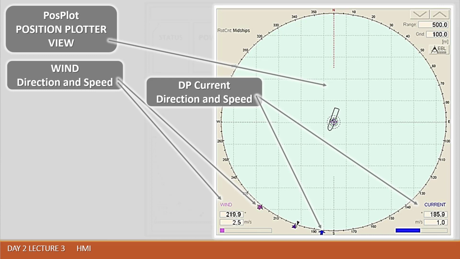Our vessel is always presented on the plotter, and we have the shape of the vessel right now in the center of the plotter. By the wish of the operator, we can make the position plotter off-center.